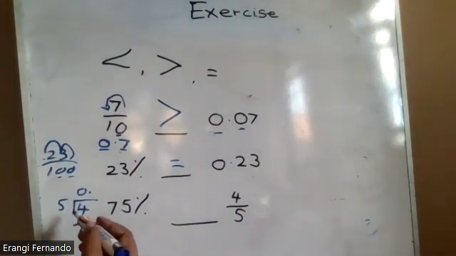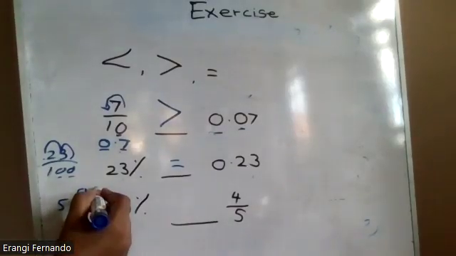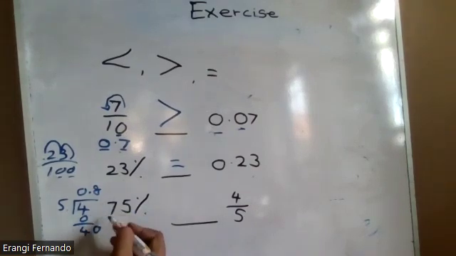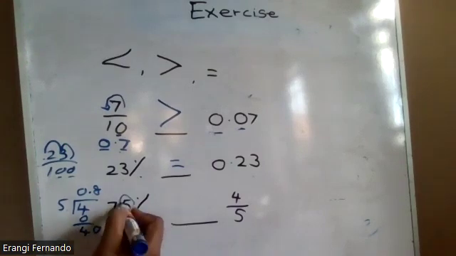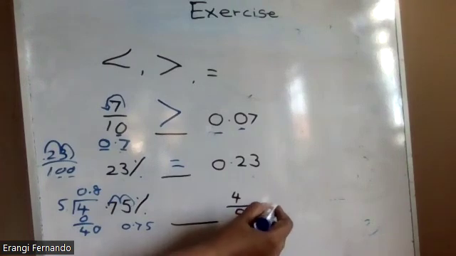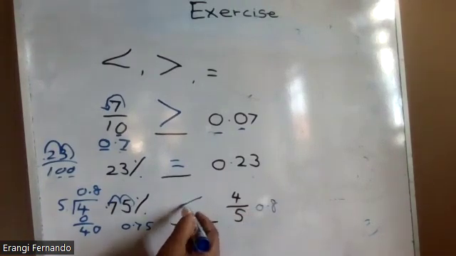When you divide 40 by 5, it's 8. So 0.8. And 75%, we'll convert this one also into a decimal. Move two decimal places, 0.75, 0.8. So which is greater? 4 over 5 is greater.